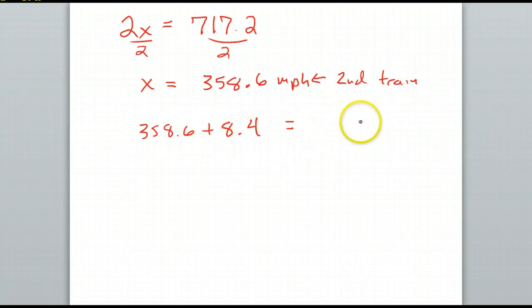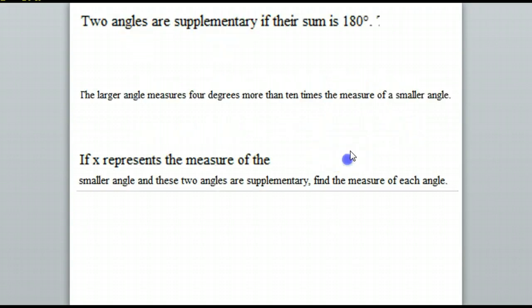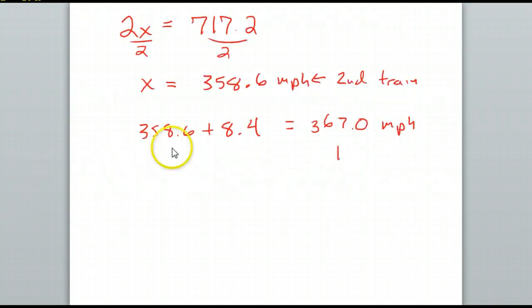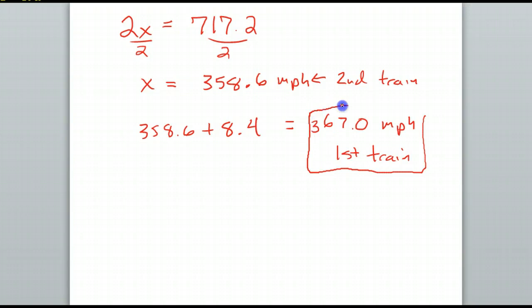So that adds to 10, carry your 1, 16, 17, carry your 1, 367 miles per hour is the first train. Alright, there's the first train, there's the second train.